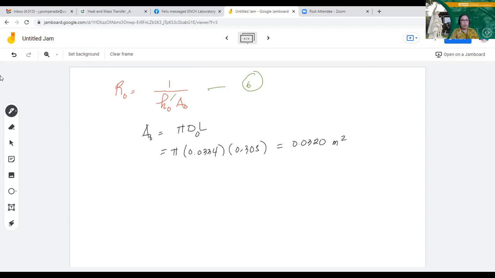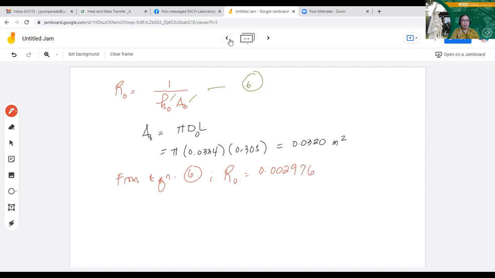Now you know this, you can substitute it back in equation 6. So from equation 6, you will have an R sub o value. You substitute A sub o and h sub o. You will have an R sub o of 0.002976.